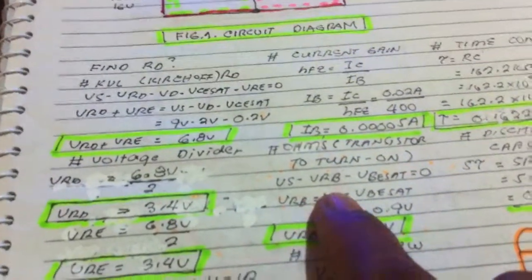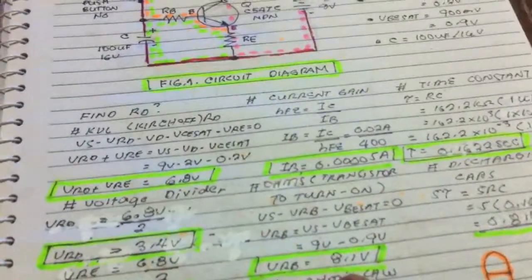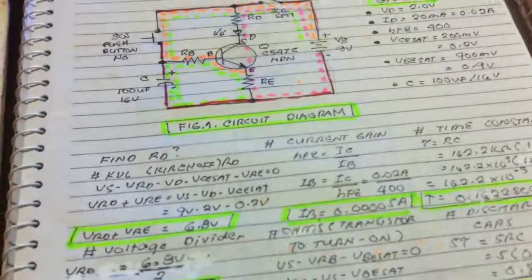Voltage supply minus voltage at RB, and then voltage base to emitter saturation given in the data sheet, and this is 0.7.